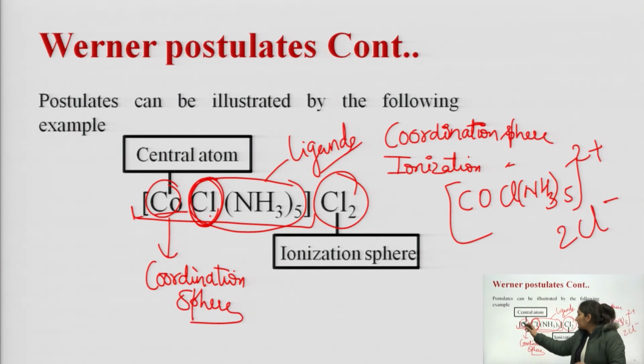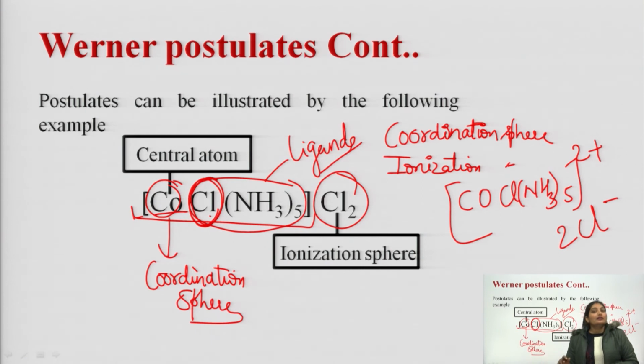Let us consider the example of cobalt. In this, cobalt acts as a central atom to which 6 ligands or 6 electron pair donors bind and form a coordination sphere. So, in the coordination sphere, the first sphere, there is the presence of cobalt, chloride and 5 amine molecules, and in the ionization sphere there are 2 chloride ions.